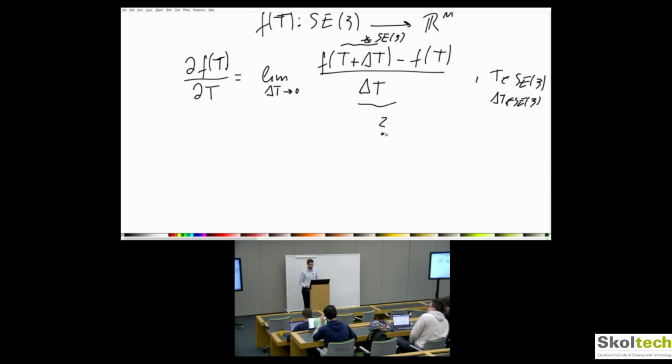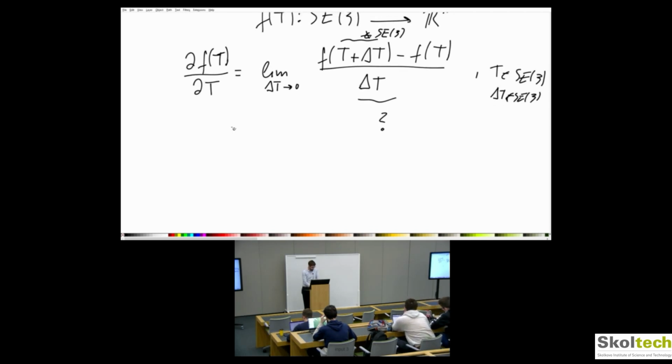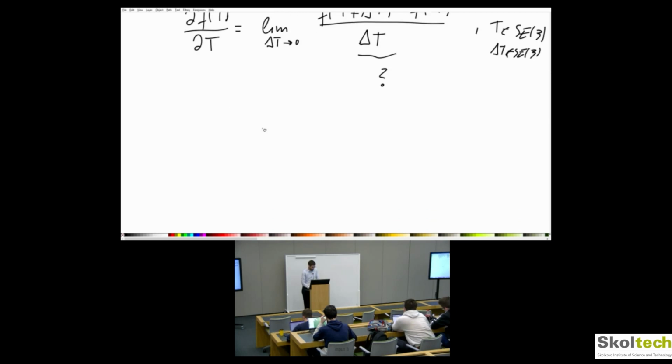The definition doesn't apply, so we need to change some things in our definition. Here we have two methods to obtain derivatives. The first one, let's say that it's a little more general, and it's basically a first order approximation.